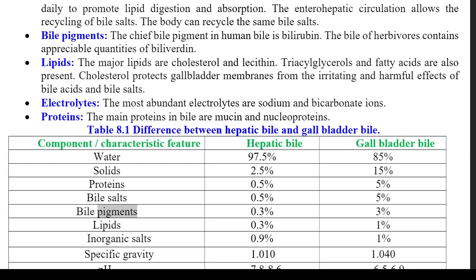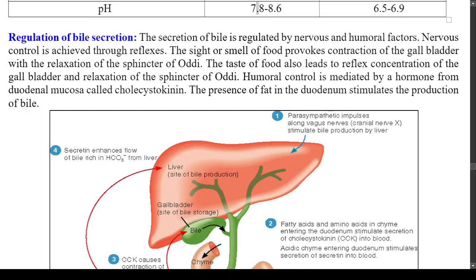Bile pigments: 0.3%, 3%. Lipids: 0.3%, 1%. Inorganic salts: 0.9%, 1%. Specific gravity: 1.010, 1.040. pH: 7.8-8.6, 6.5-6.9.